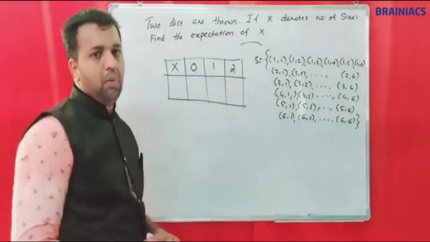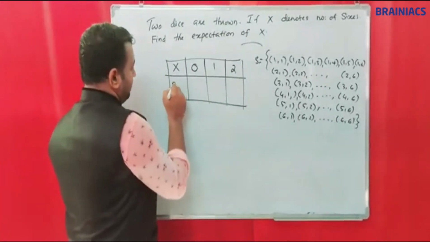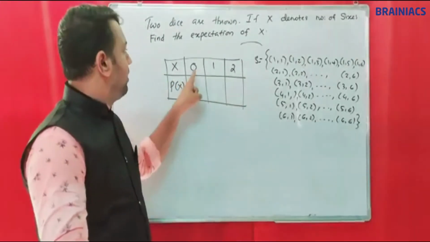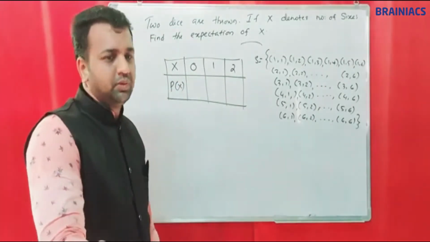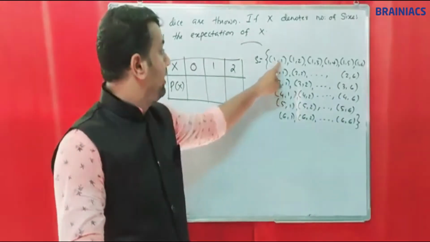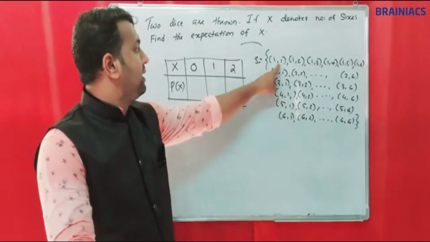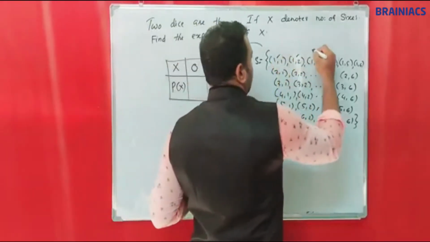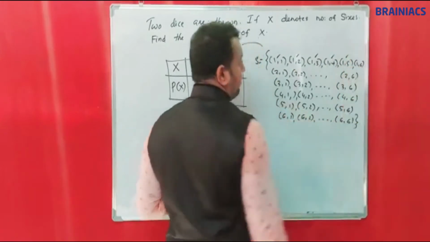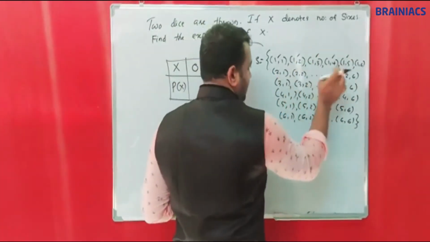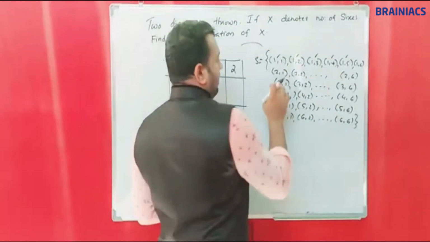So the probability of x is equal to 0. In the cases for x equal to 0, we consider 1,1, 1,2, 1,3, 1,4, 1,5, and in a similar way 2,1 and so on.